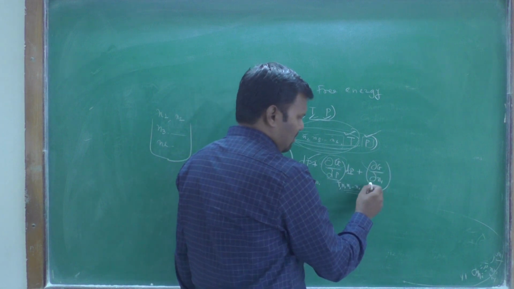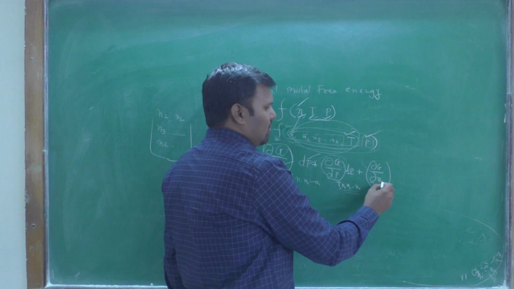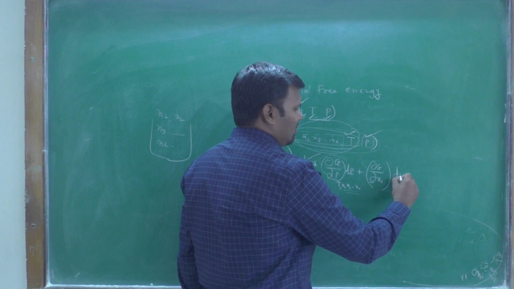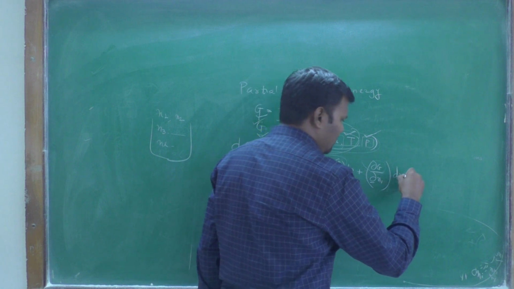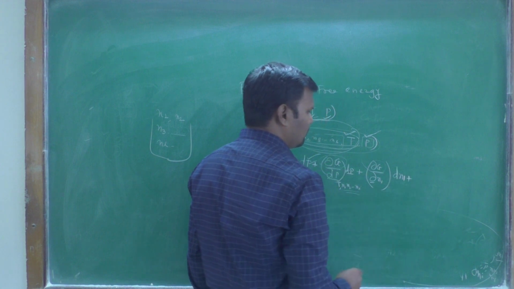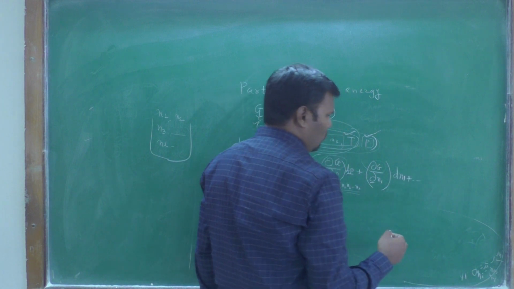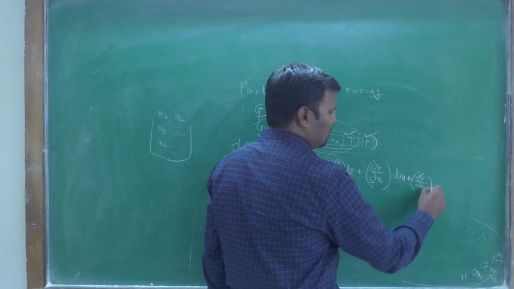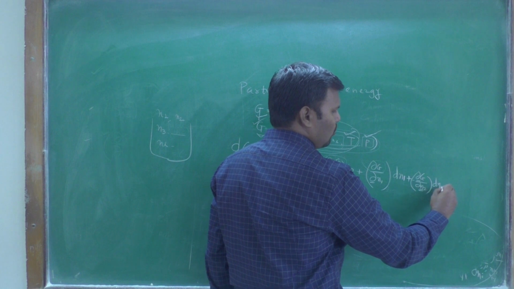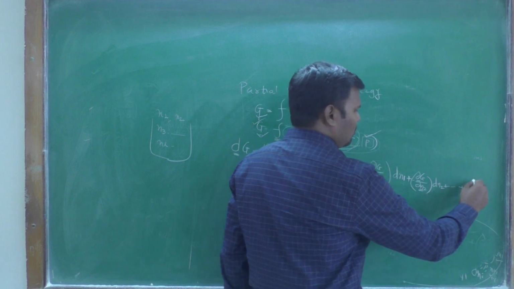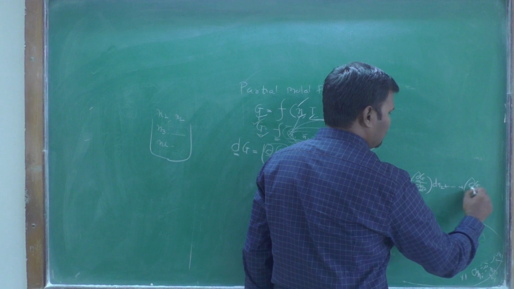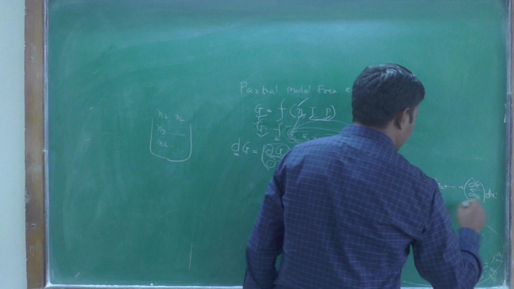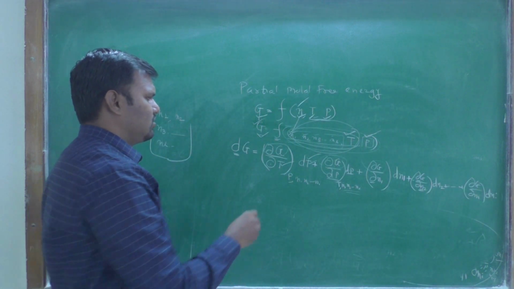In the same way, del G del n1 dn1 plus, and so on for n2, del G upon del n2 dn2, plus so on up to the ith component, del G upon del ni dni.